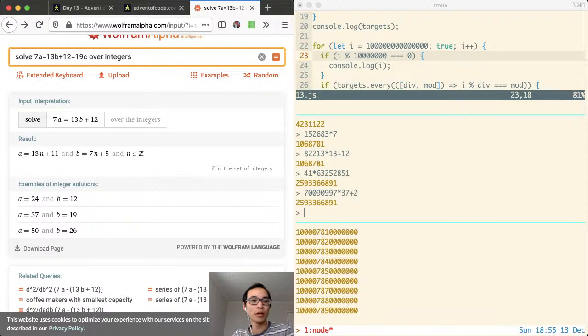Oh, wait, hang on a second. So A is multiples of 13, but starting from 11. B is multiples of 7, but starting from 5, or in this case, starting from minus 2.